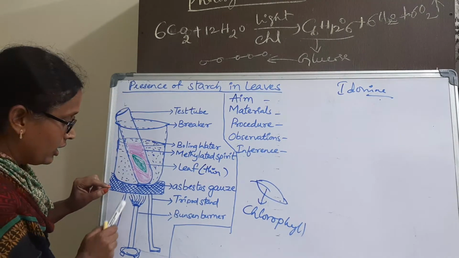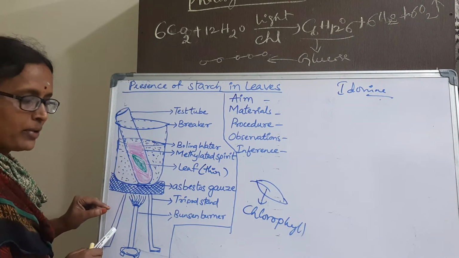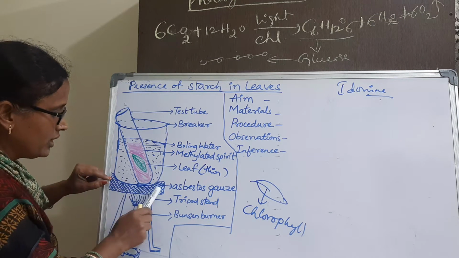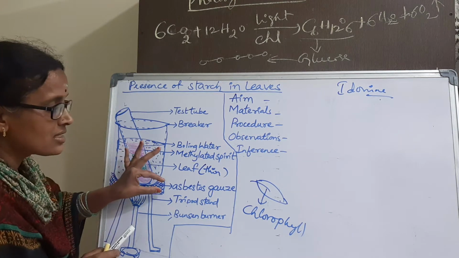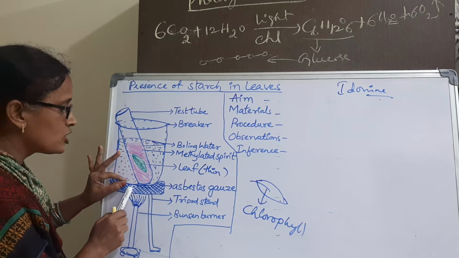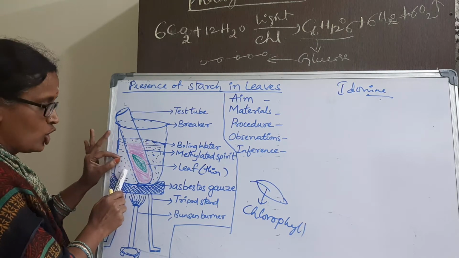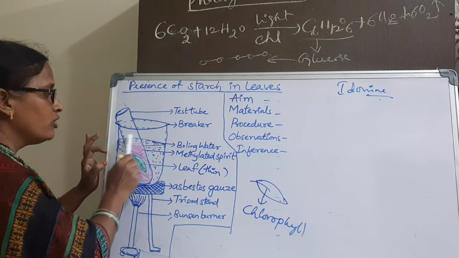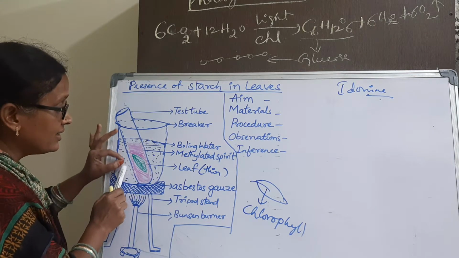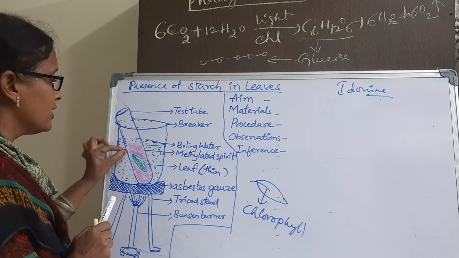If you observe the arrangement of the apparatus, the tripod and asbestos gauze are heated and then slowly they transfer the heat to the beaker. The boiling water first starts heating and then eventually supplies the heat.